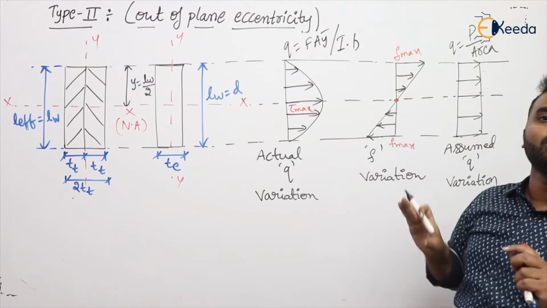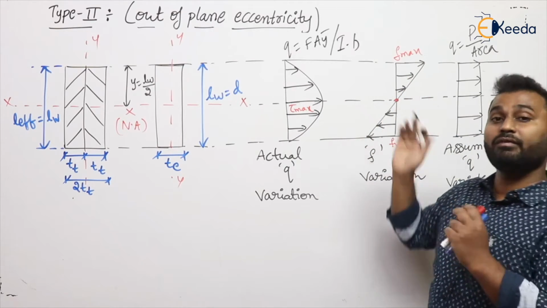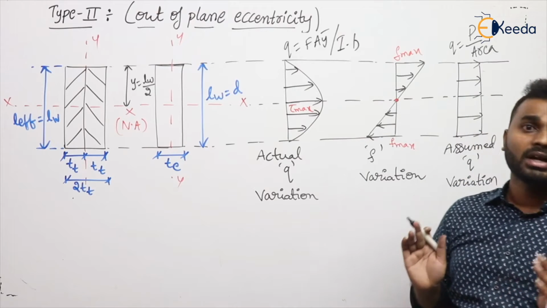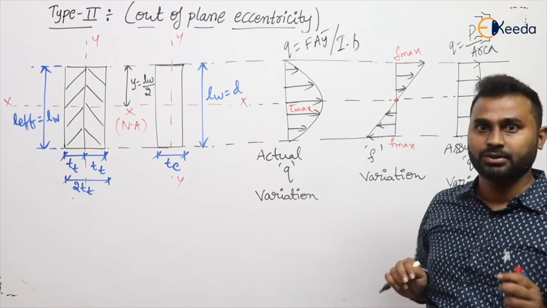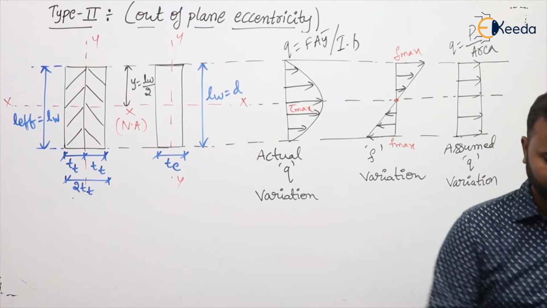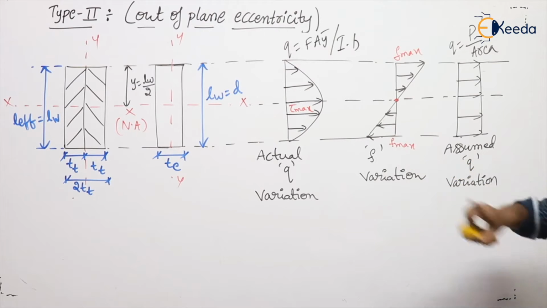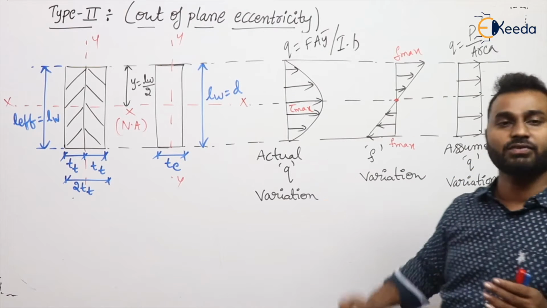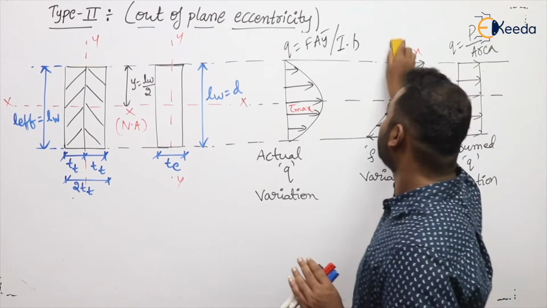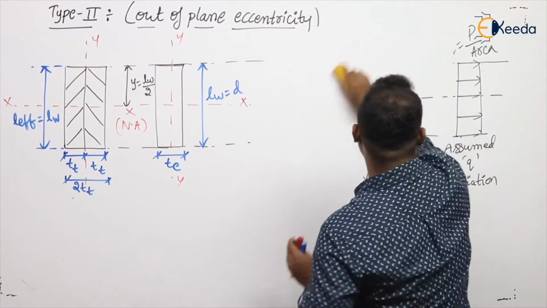Based on that only, we came to know that maximum shear stress and bending stress are occurring at different locations, and it is probably not necessary to combine the two stresses. However, the code prescribes some expression. What is that expression? We'll discuss now. Is that clear? So this is the shear stress variation we assume, this is the bending stress variation, and this is the actual shear stress variation. Clear now, everyone? Now let us see the expression given in the code for the combination of the two stresses.